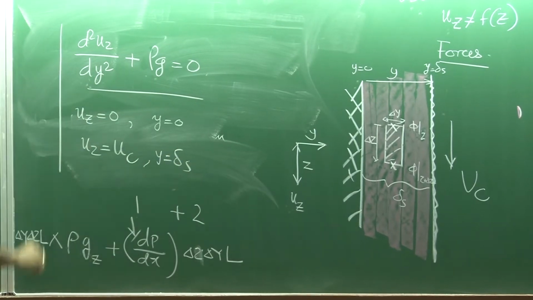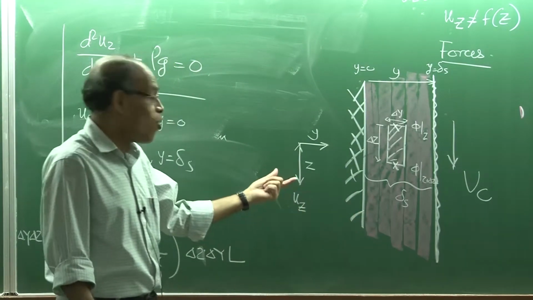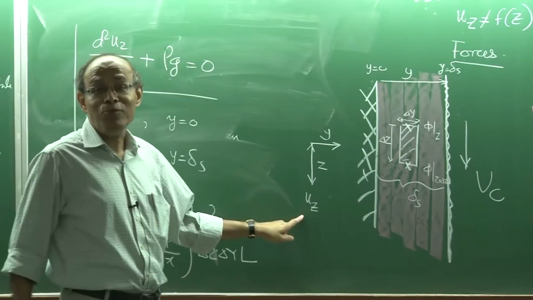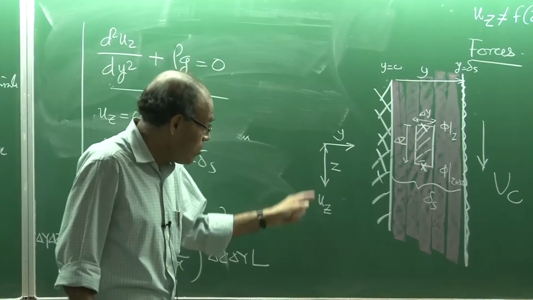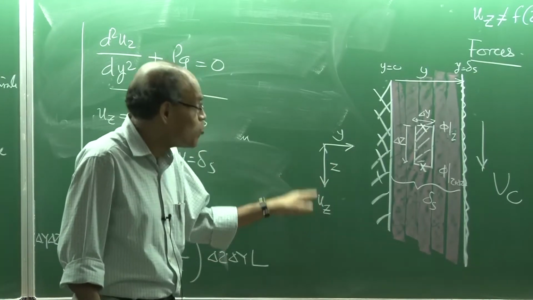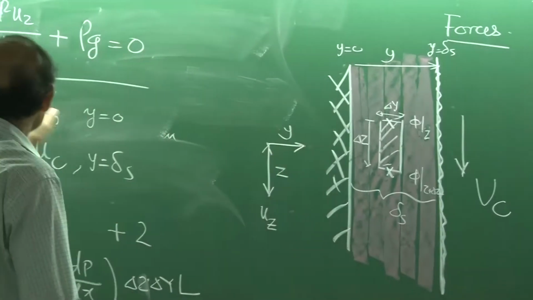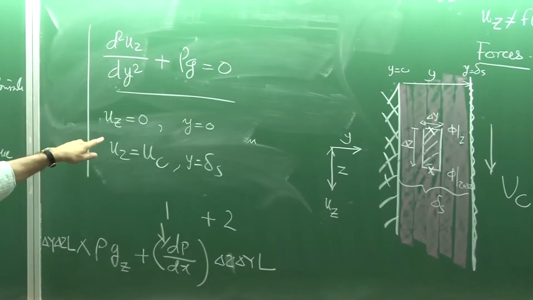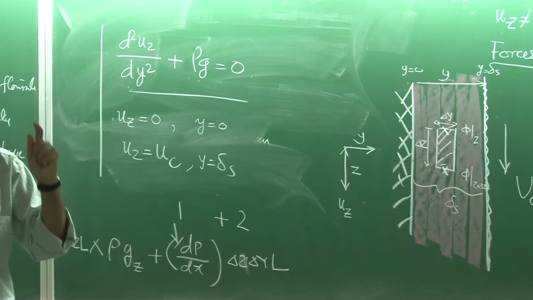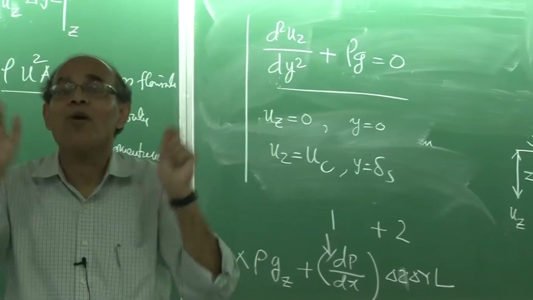You remember we have to draw a figure, draw the coordinate axes, and label in which direction the velocities are: z direction velocity is uz, and if there is a y direction velocity, we will write it ui. Then we will write down the differential equation, then the boundary conditions, and that makes the statement of the problem complete.